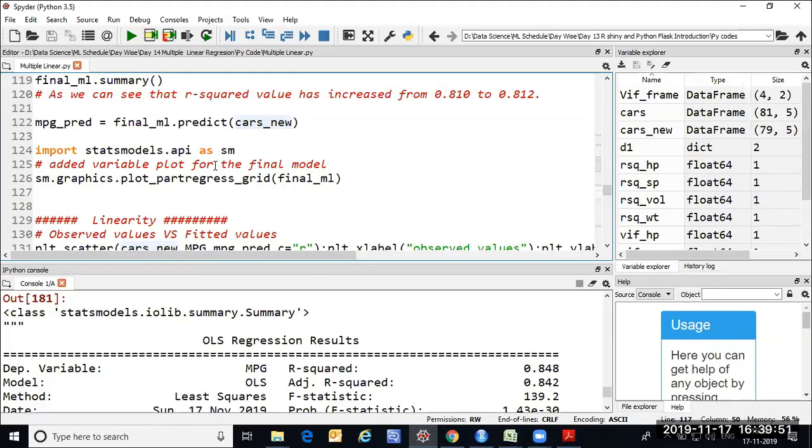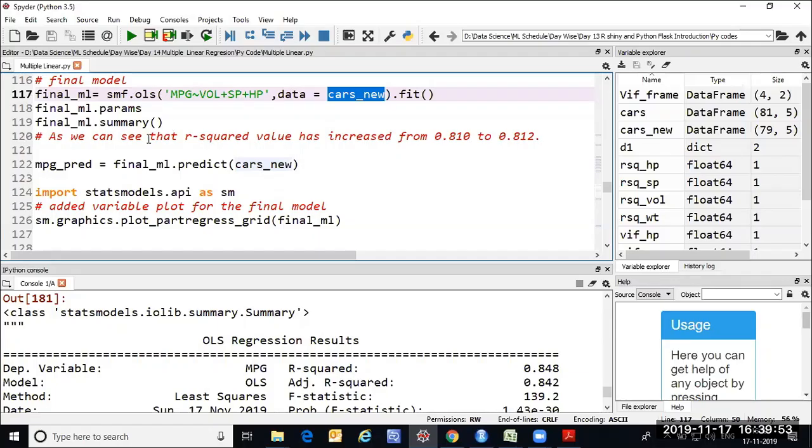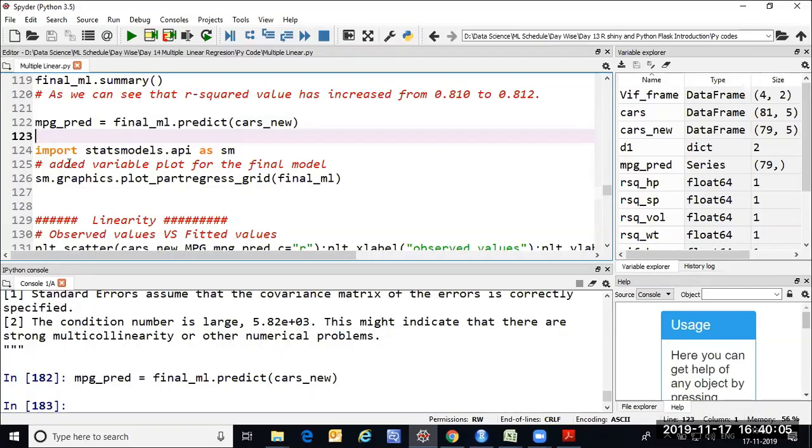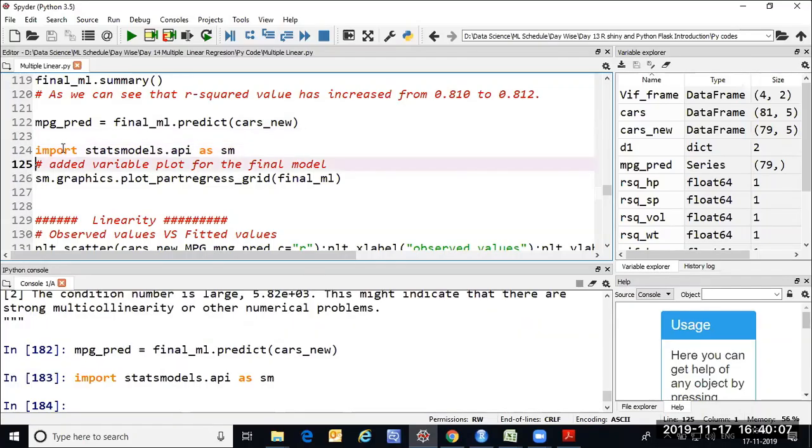So how do we check the other aspects of it? We are generating the predictions on the cars new data by using this final model, whatever we built just now. Importing statsmodels API, taking the partial regress plot.